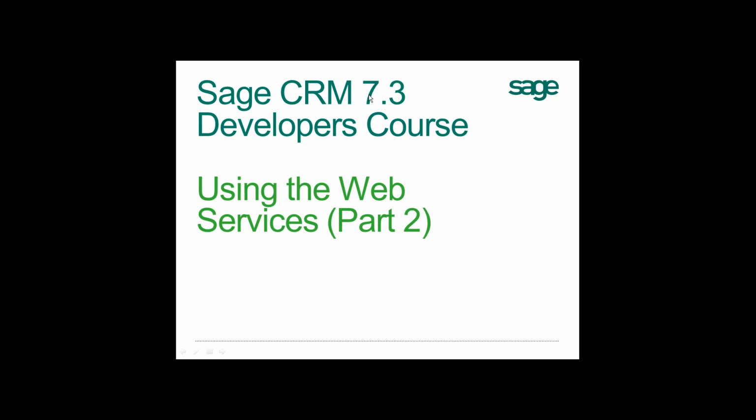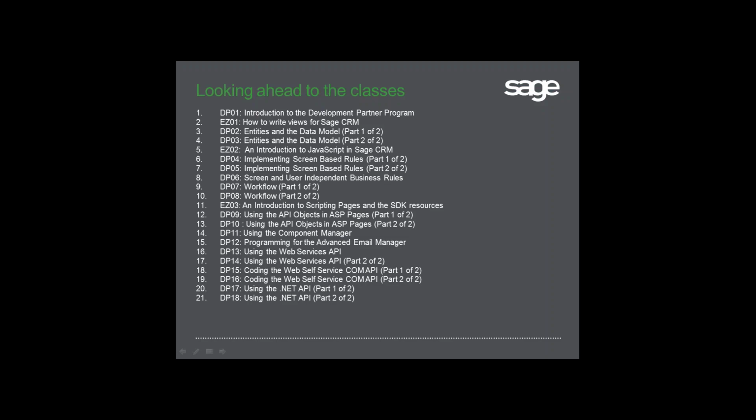So the APIs we've been looking at so far have been to do with what is and what has been. In this lesson, we're looking very much at what's coming and how new features are being added into Sage CRM.